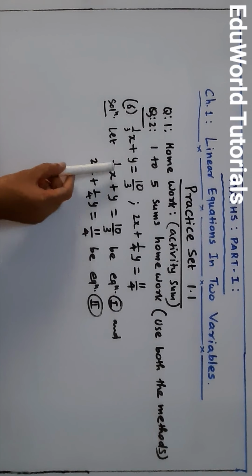So what is the change in the new form? 4 2s are 8x, plus here 4 and 4 will get cancelled, and here also 4 and 4 will get cancelled. So I have only plus y is equal to 11. This is equation number 4.